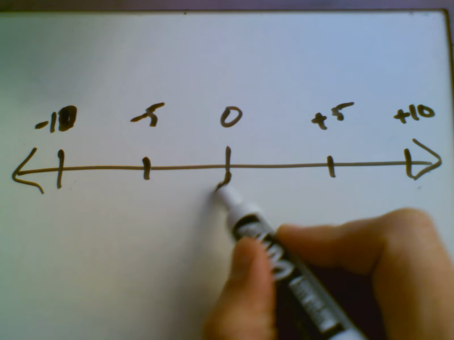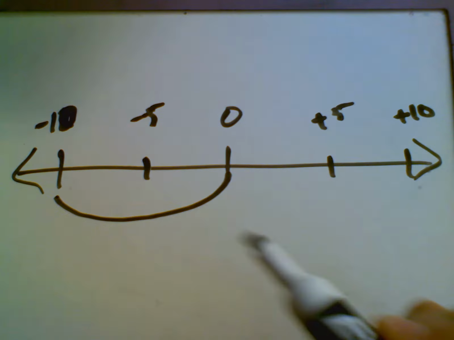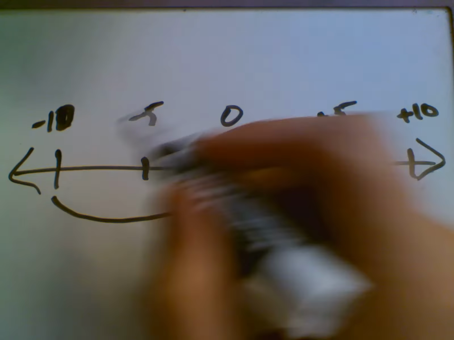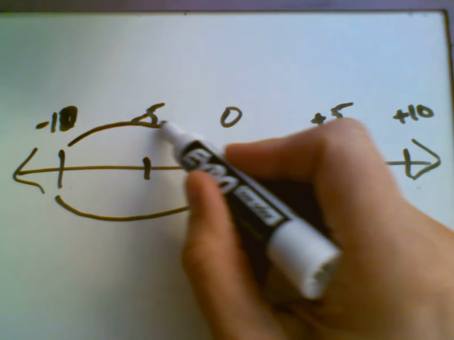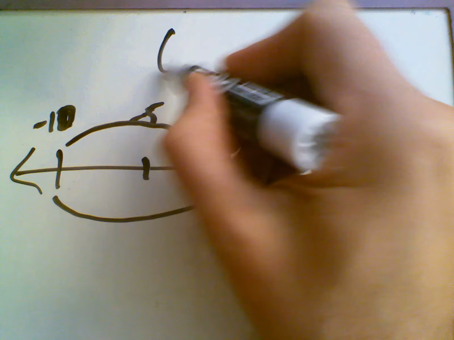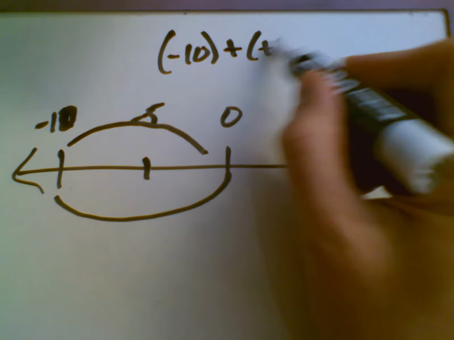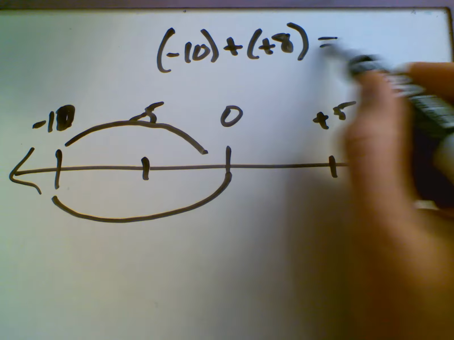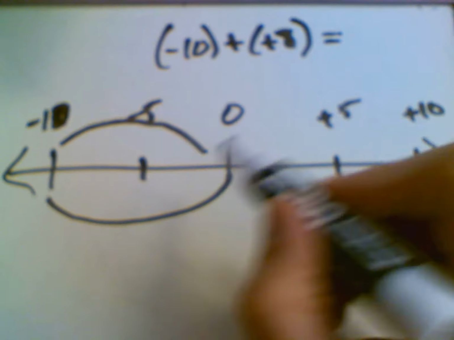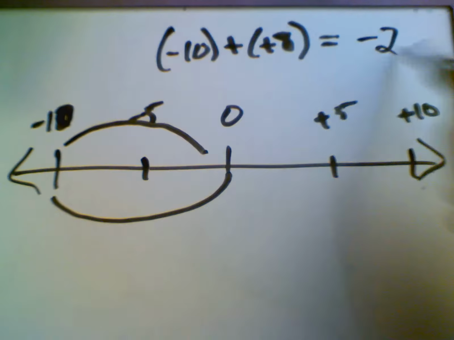So I have -10 plus +8. That was -10, first jump, plus +8 equals -2.